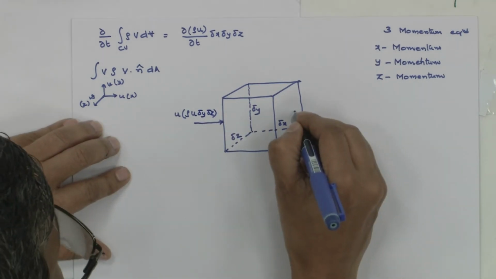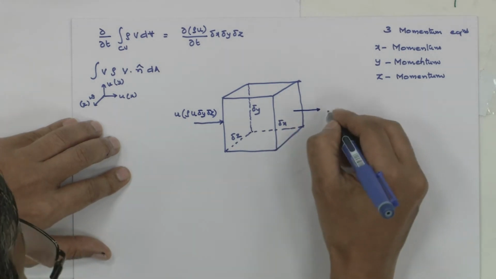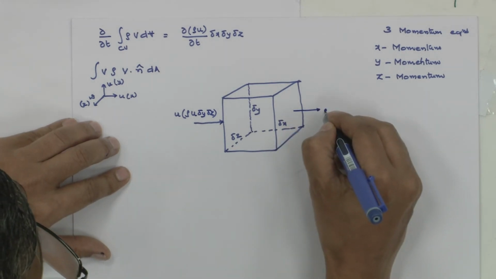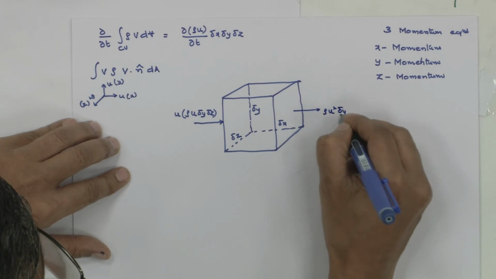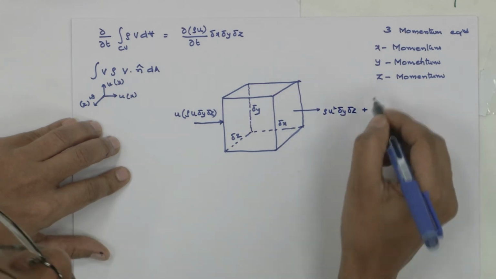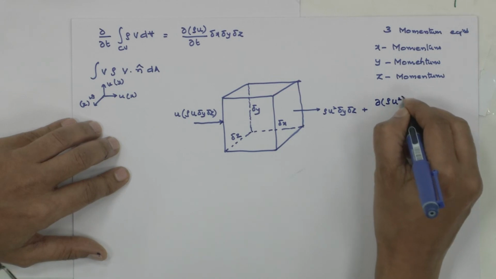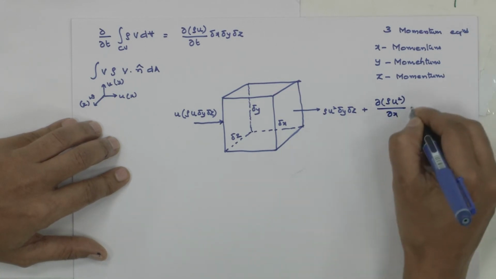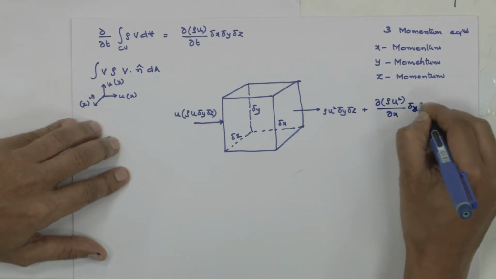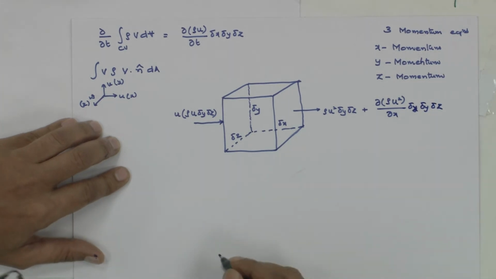So, what is getting out? Same, rho u squared delta y delta z. Again I am going to use Taylor series expansion. I am not going to write that equation. I am going to take only the first order term. So, you get del of rho u squared upon del x delta y delta z.